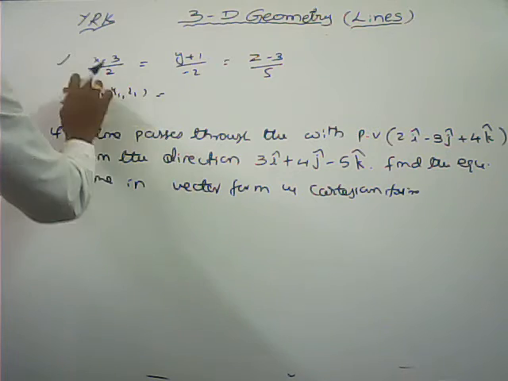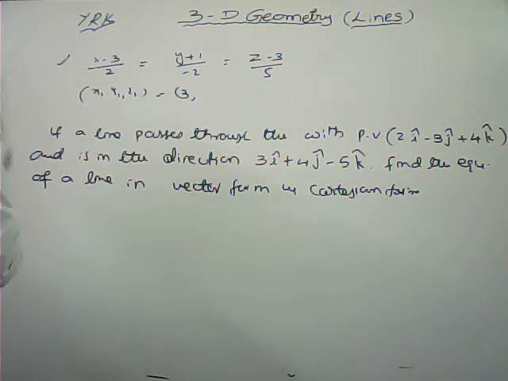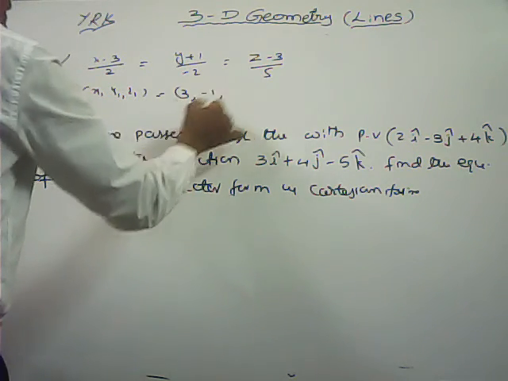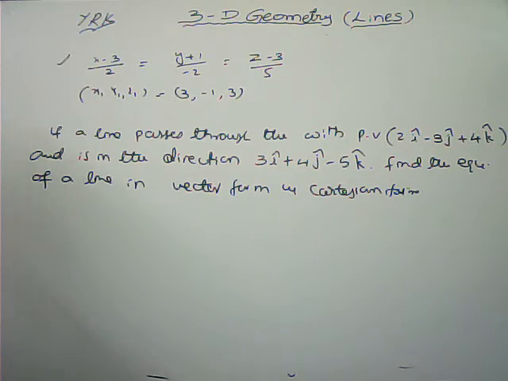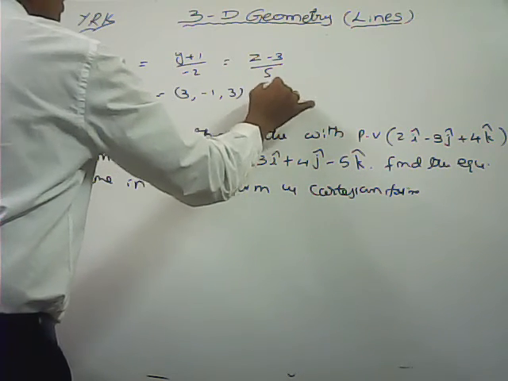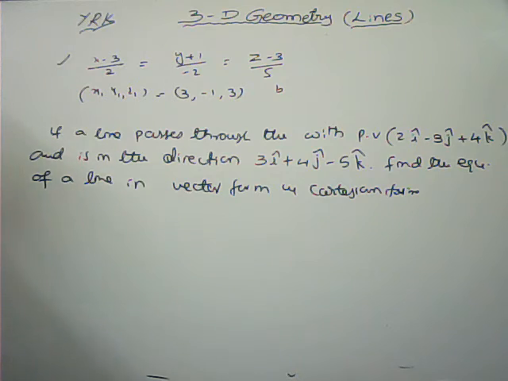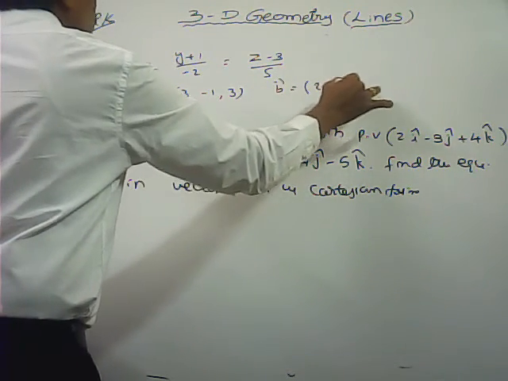What is the point? x minus x1, and y minus of minus 1, so in the place of y1, minus 1 is there, and z minus z1. This is the point. And the parallel direction ratios, whatever the direction ratios of this line, 2, minus 2, 5, that is b bar only. b bar is equal to 2, minus 2, 5.